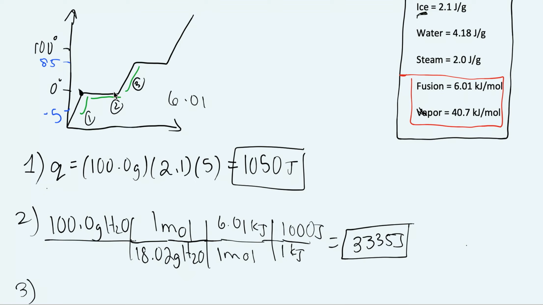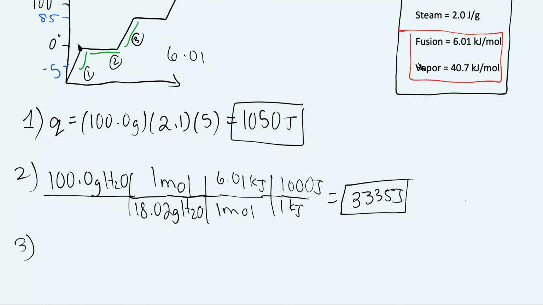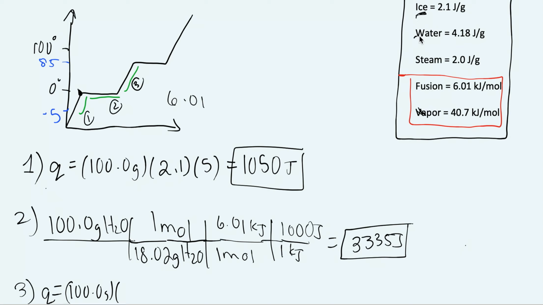Go from here up to 85. We are traveling diagonally, so once again, whenever you are traveling diagonally, you will use Q equals MCAT, so 100.0 grams. But wait, now it's not 2.1, it's not 2.0, we are at water.